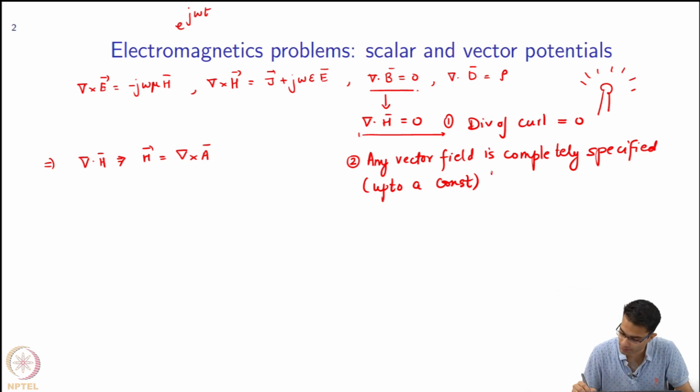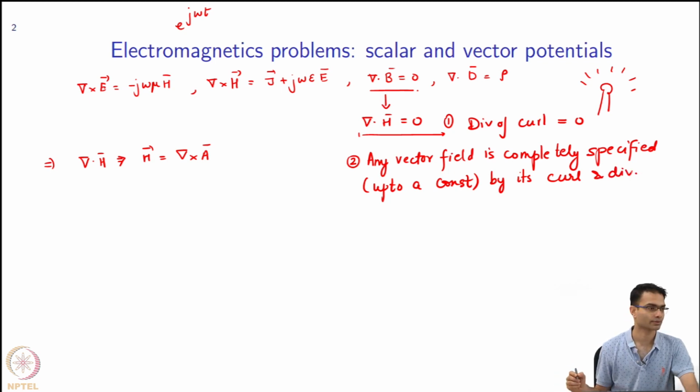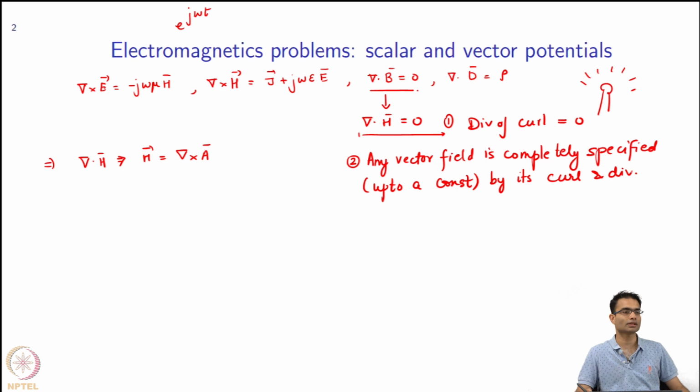Okay. So, it is completely specified by its curl and divergence. Okay. So, for this vector field A, what have I specified? Right. So far I have specified the curl. So, I have taken a vector field A and I have said curl of A should be equal to H. So, one degree of freedom is still there with me, the divergence, which we will exploit later on. Okay, so now that I have this, what can I do with it?